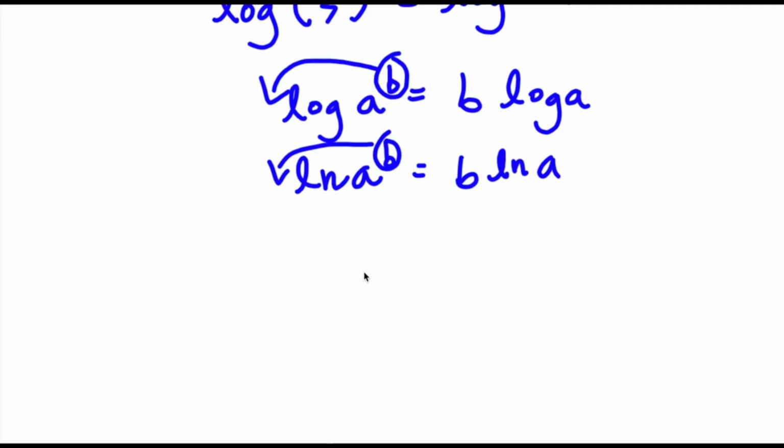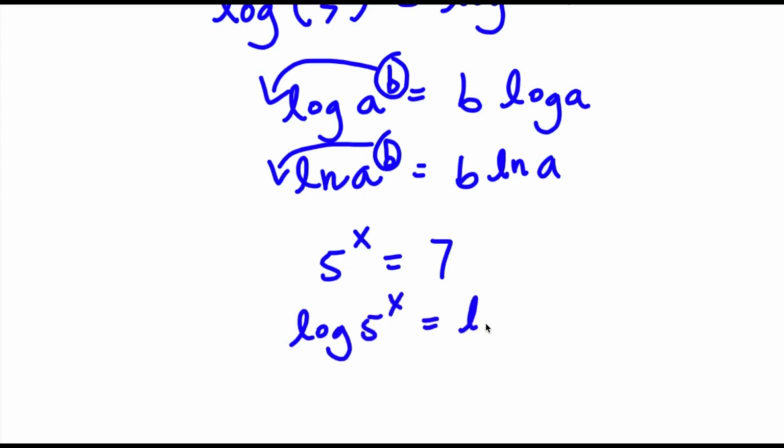And the reason this property is so useful is, let's say I have 5 to the power of x is equal to 7. Now, in the form it is, x is an exponent, and we can't really find the value of an exponent because we need it to be a real term. So now, if I take the log on both sides, I can now move this exponent x to the front.